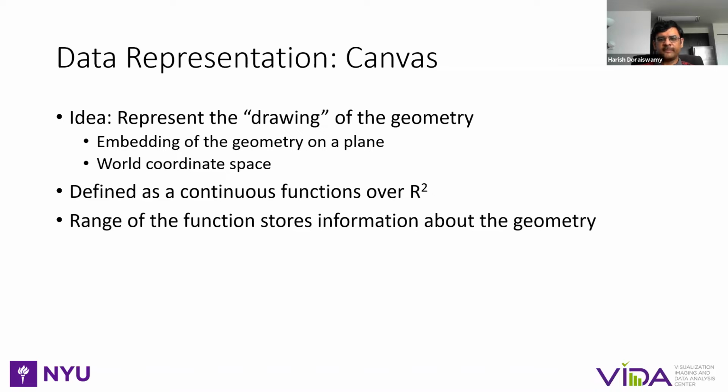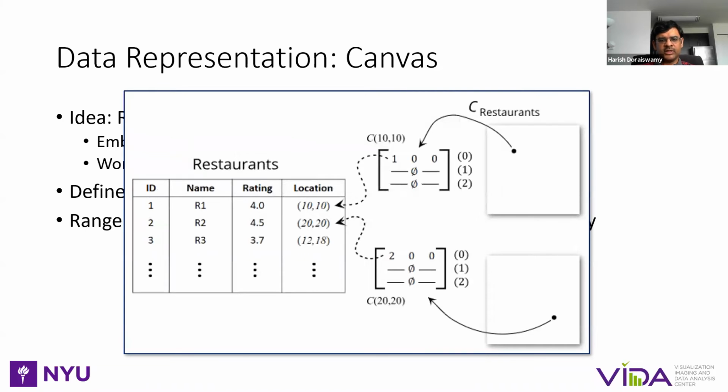more details. Let's look at an example of the point data set, such as the restaurant data that we saw earlier. In this case, the canvas, which is a function, maps all the points at locations of the geometry intersects the space to a matrix. In case of points, only the location of the point is associated with a non-null value. The rest of the space basically maps to a null value.